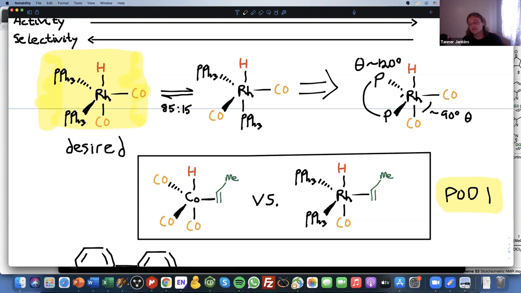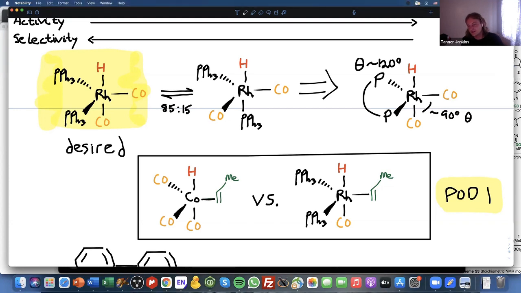And so if we quickly look at the expected angles between the ligands, we can see that if these two phosphines are in the equatorial position, they'll have approximately 120 degrees in between them. However, if one of these phosphines swings down, this bond angle will be approximately 90 degrees.